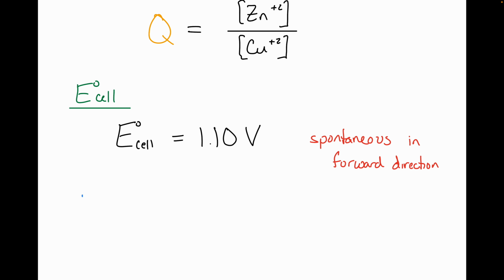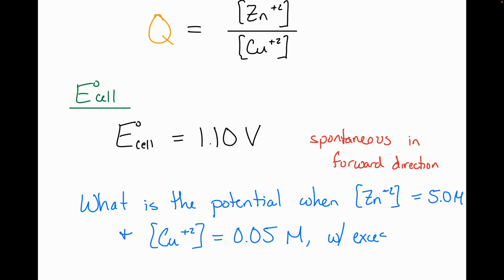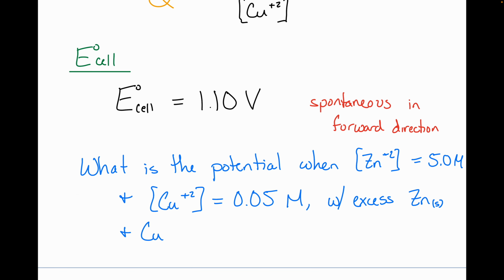Let us ask, what is the potential when our concentration of zinc ions is equal to 5 molar, and our concentration of copper ions is equal to 0.05 molar, with an excess of that solid zinc and solid copper.